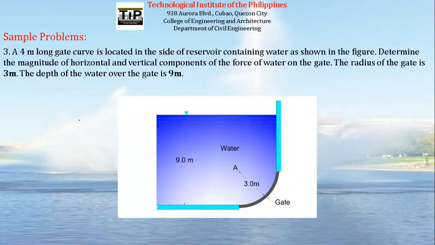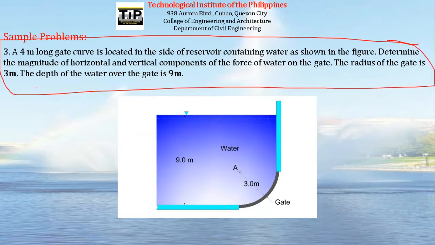Okay, so let's have this sample problem. Let's apply the concepts that we discussed earlier. So let us read sample problem number 3. A 4-meter long curved gate is located in the side of a reservoir. So this is the gate, containing water as shown in the figure.